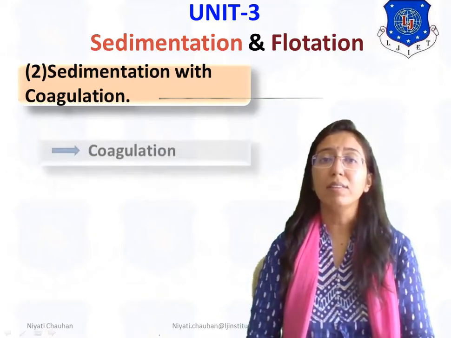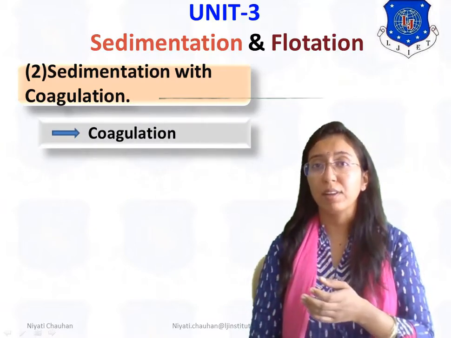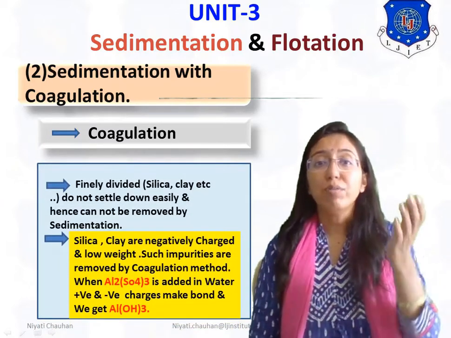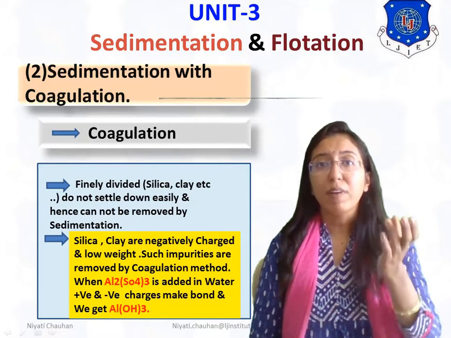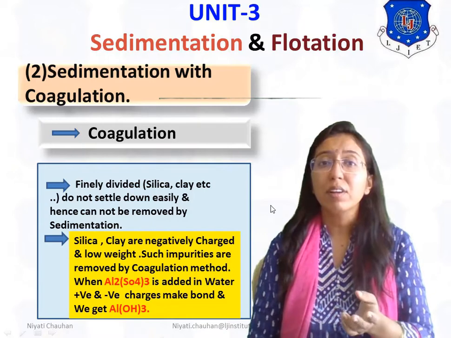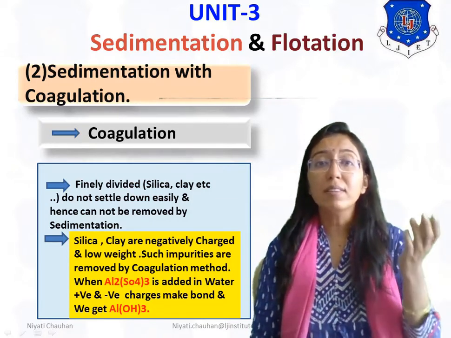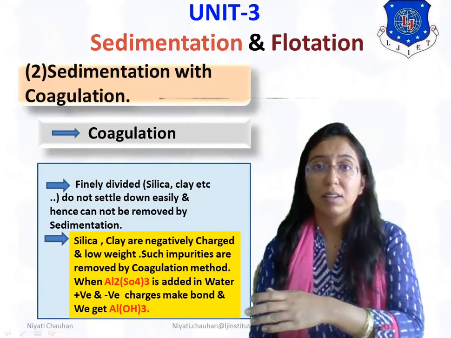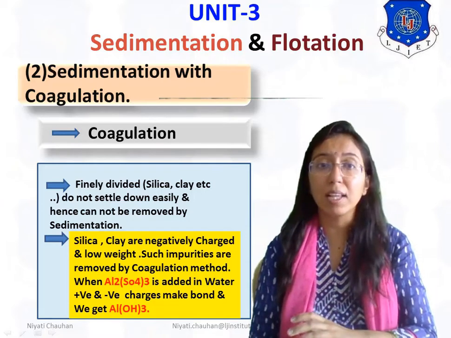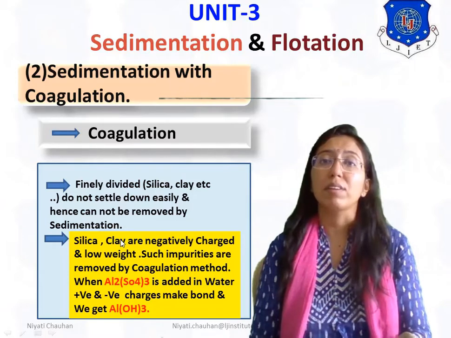Here you can see, first you have to know about coagulation. In coagulation, finely divided impurities such as silica, clay, etc. do not settle down easily, hence cannot be removed by sedimentation.